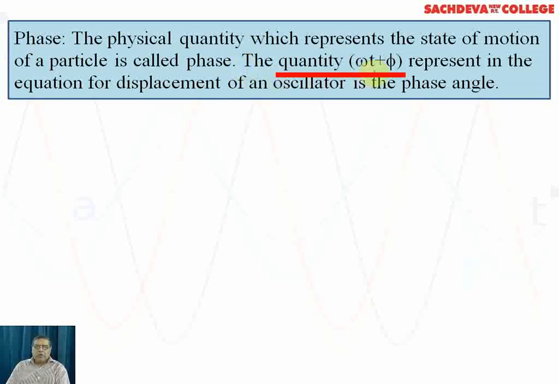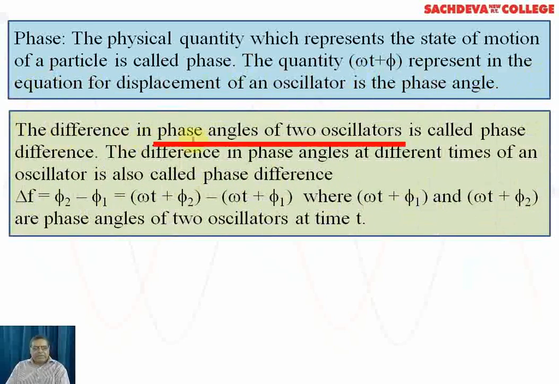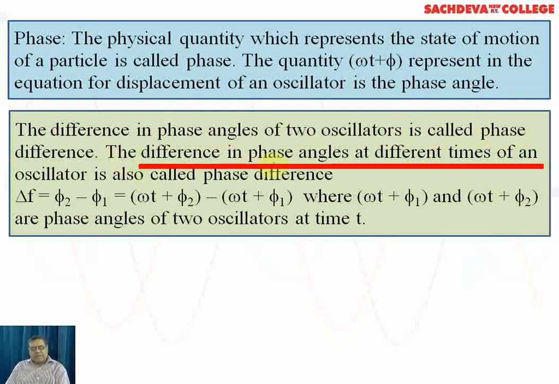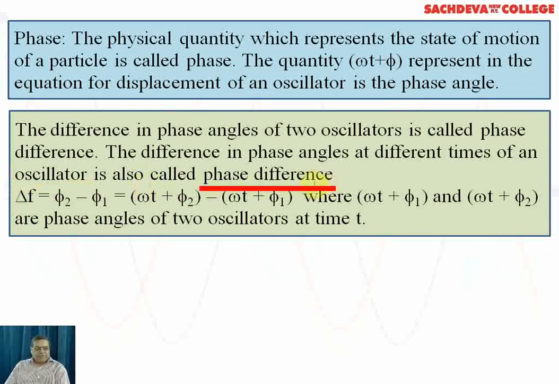The quantity omega t plus phi represents the phase angle in the equation for displacement of an oscillator. The difference in phase angle of two oscillators is called the phase difference. So phase difference is calculated by phi 2 minus phi 1. The difference in phase angles at different times of an oscillator is also called the phase difference.